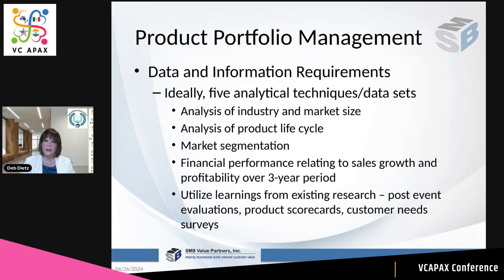And then we're going to look at financial performance, because you have to look at sales growth and margin growth over a certain period of time. Typically when we're going through this process, you're looking at maybe going back 3 years, at sales trends and margin trends for a product or a product category. But the pandemic kind of blew that up, because all of a sudden there were so many anomalies in data that we said, let's take a pause.